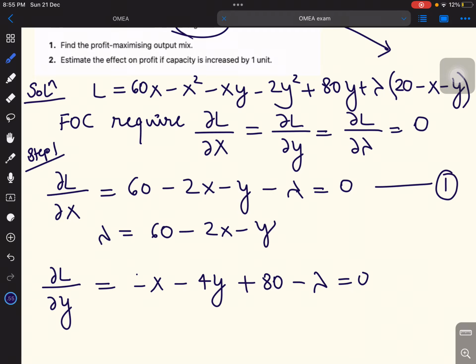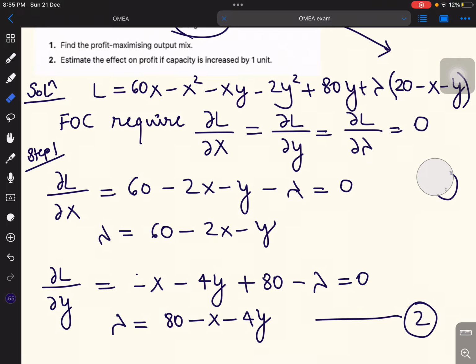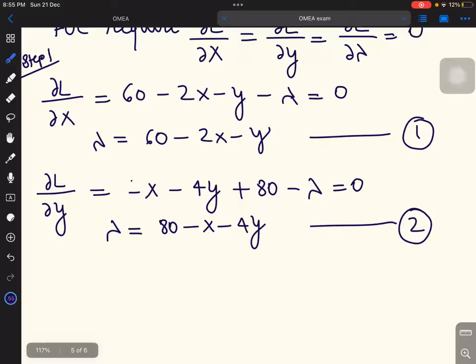Putting it equal to 0 and again solving in terms of lambda, we get lambda equal to 80 minus x minus 4y. Let's name this equation 2. So first equation, second equation.